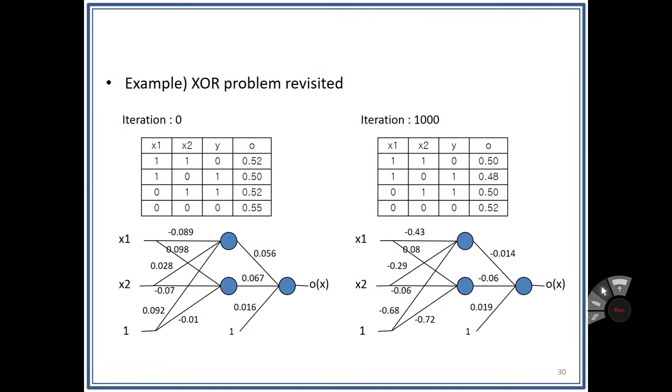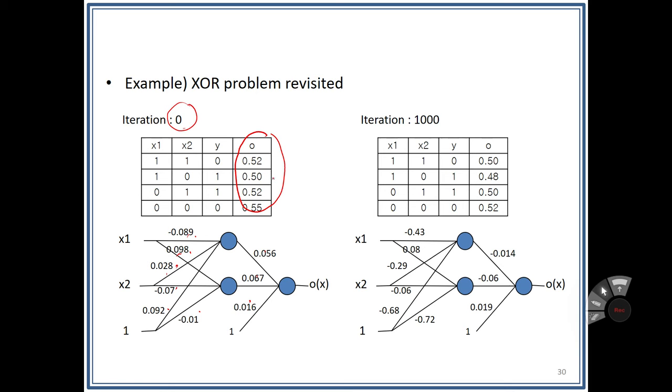And at iteration 0, what we do is we just randomly pick numbers. So all these numbers are the initial solution, okay? You can see that the output of the neural network seems quite stupid, right?